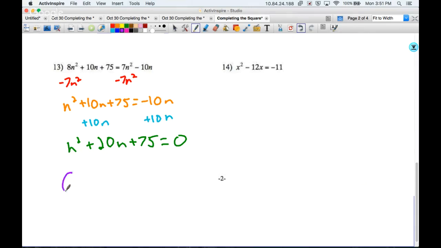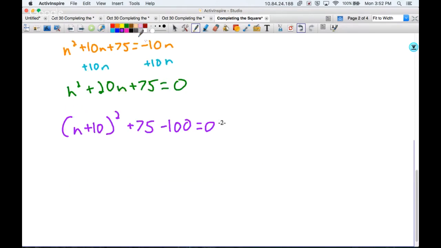All right, let's rewrite this using the structure. Keep the 75. Now right here, I write half of that b value, then I subtract away that squared. This is all equal to 0. Let's combine our like terms. N plus 10 squared minus 25 equals 0.